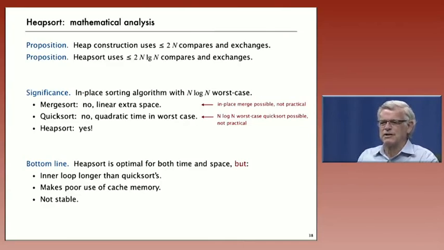So there's two compares that get done n log n times, and then there's some array index arithmetic. The other thing, which is probably more significant on modern machines, is that the references to memory are all over the place when it's a huge array. So it's not a good algorithm for a situation where there's caching, which is almost everywhere nowadays. It doesn't have local memory reference like quicksort does.